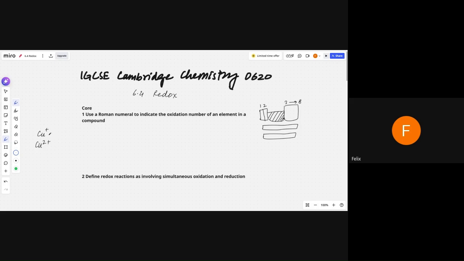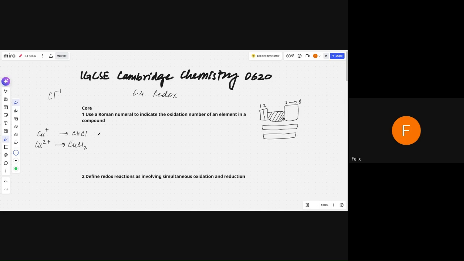When copper has to combine with chlorine, if it's copper 1+, the compound will be CuCl, because chlorine is always -1. In most cases, at this level of IGCSE Cambridge Chemistry, we say that chlorine is -1. And for copper 2+ combining with chloride ion, the formula will be CuCl2.